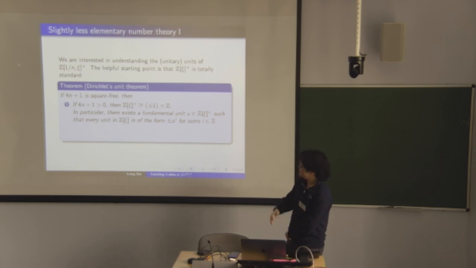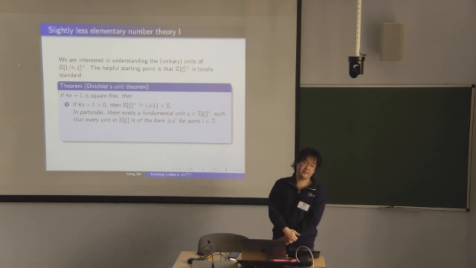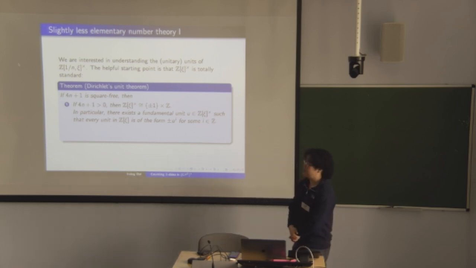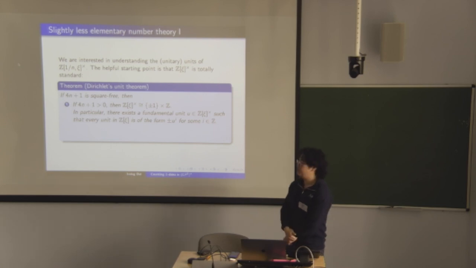Just like in the case Z adjoin ω, the unit group is known to be plus minus 1 cross Z. Sometimes this is stated as: if the radical is positive, then there exists a fundamental unit in Z adjoin χ such that every other unit is plus minus some power of the fundamental unit. This is a famous basic number theorem.